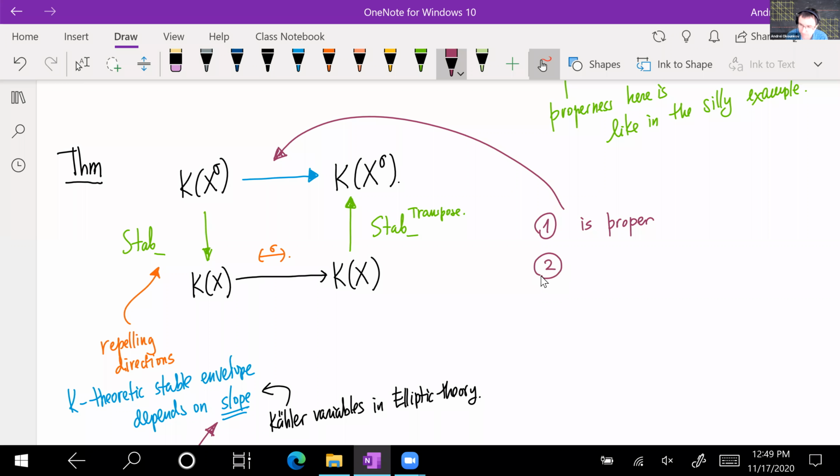And second, what does this mean? This means we put the repelling condition on both ends. So this is proper here, and then it vanishes for a non-constant map.